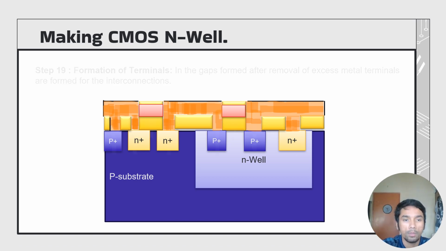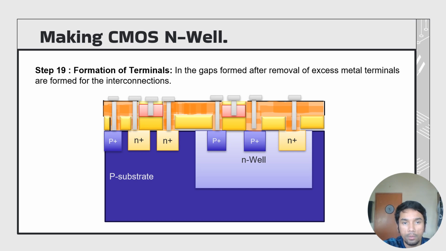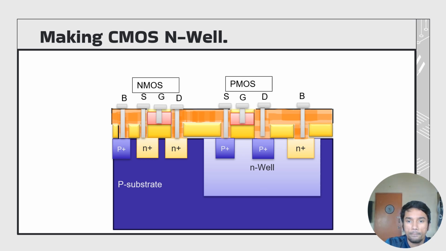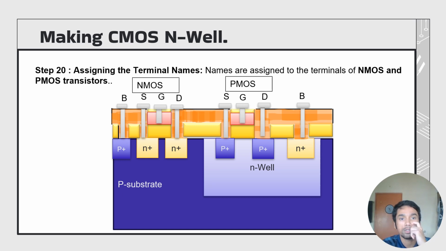Step number 19 is the formation of terminals, where the gaps made after removal of excess metal are formed for the interconnections. And finally, step number 20 in making the CMOS N-well is that we assign the terminal names. Names are assigned to the terminals of NMOS and PMOS transistors, as we can see over here: the source, gate, and also the drain.